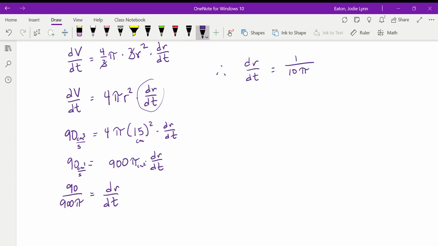So the rate of change of the radius with respect to time, this is a common abbreviation. We don't actually want to write the rate of change. We're just going to write: the radius is increasing at 1 over 10 pi centimeters per second.